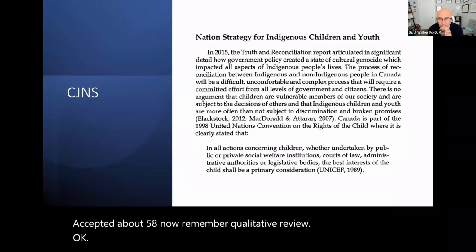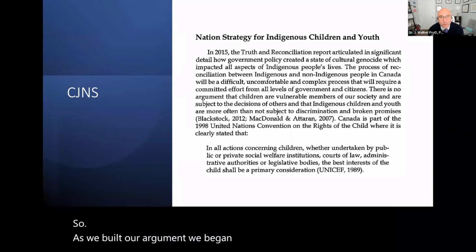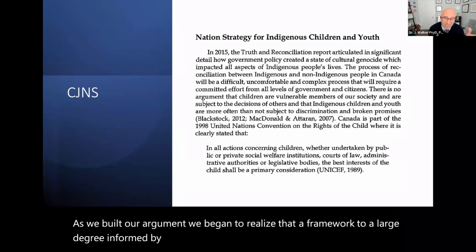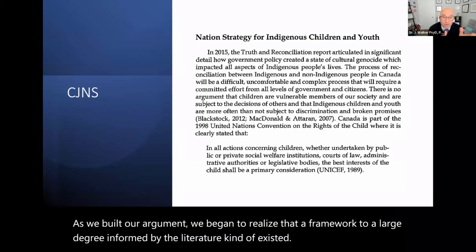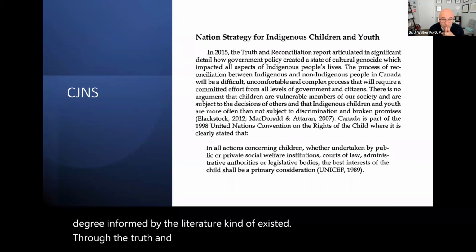So as we built our argument, we began to realize that a framework, to a large degree informed by the literature, kind of existed through the Truth and Reconciliation report of 2015. And we spoke to that.